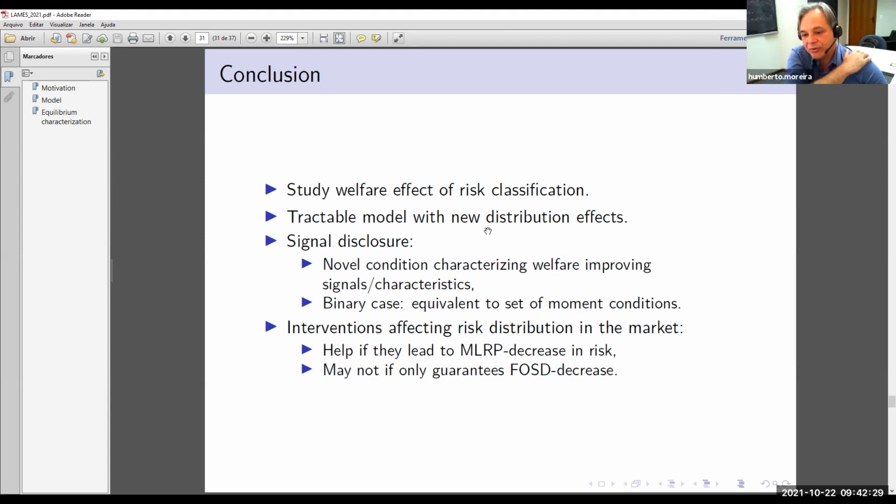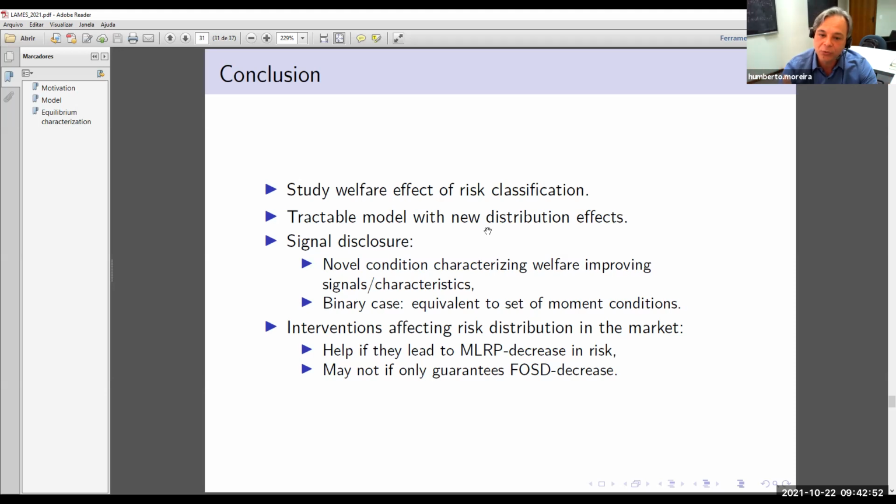So the takeaway for the paper is just to characterize, in the signal disclosure story we just showed you, some implications in terms of what the signal disclosures are. So if you want to disclose some signal, let's say, allow the insurance company to condition the contracts on gender or other characteristics, will it be a good idea?